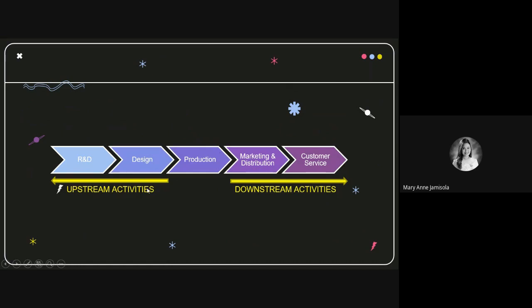So, for upstream activities, again, we have the research and development. This is when we will try to figure out what kind of product we are going to offer. This is more of the planning stage.